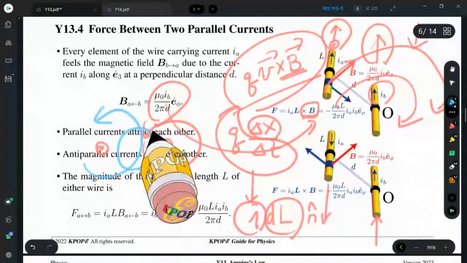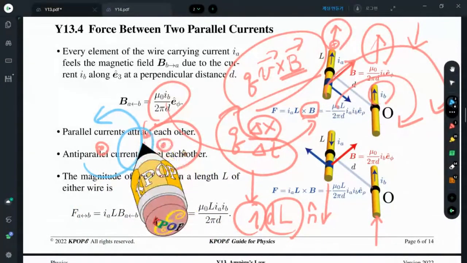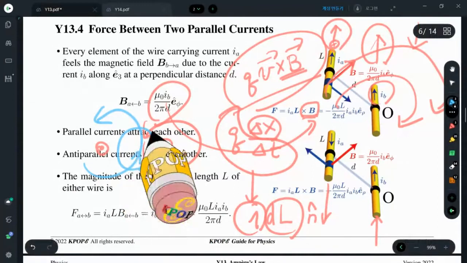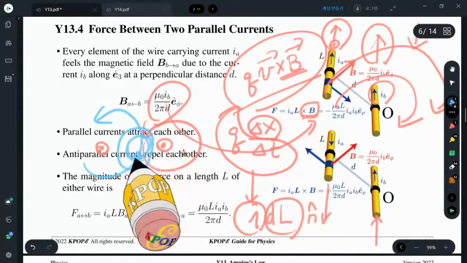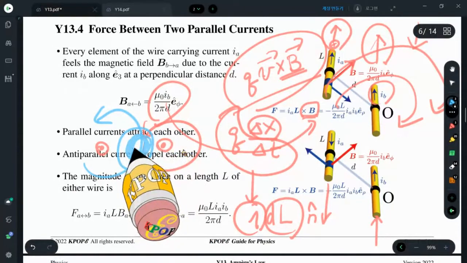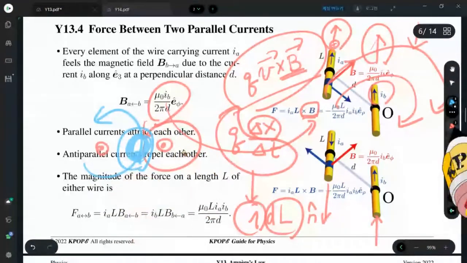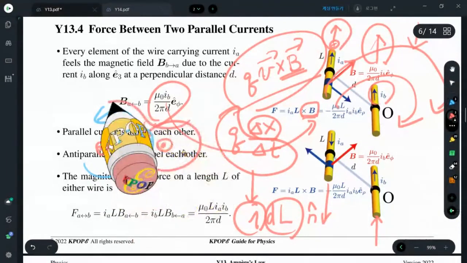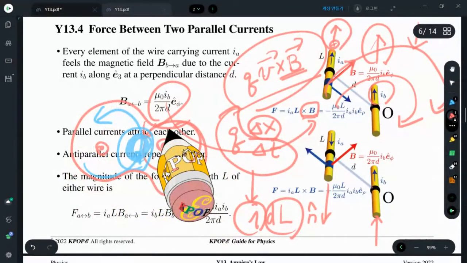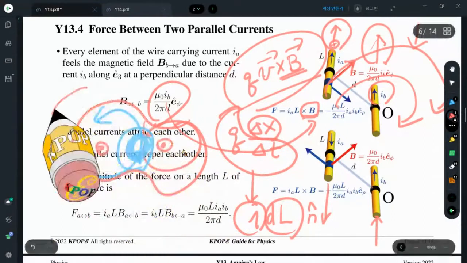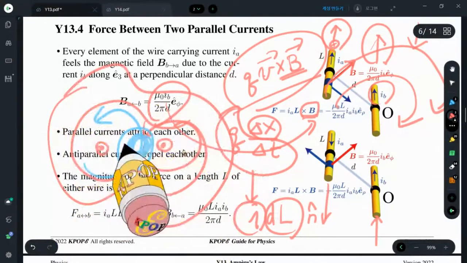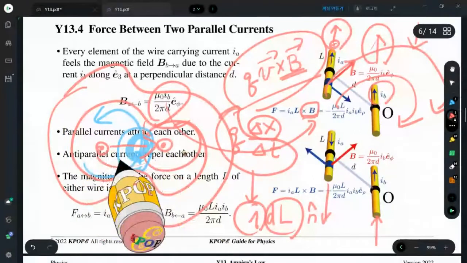In between, the two fields cancel. They are in opposite directions. So this becomes weaker. Therefore, the net magnetic field line is like that. That's the reason why they are attractive.